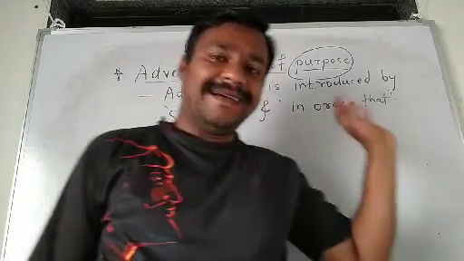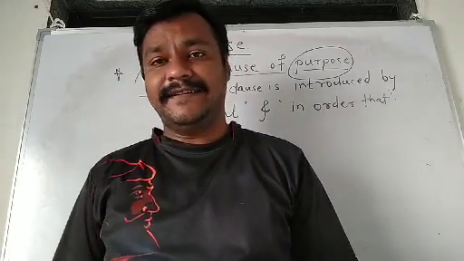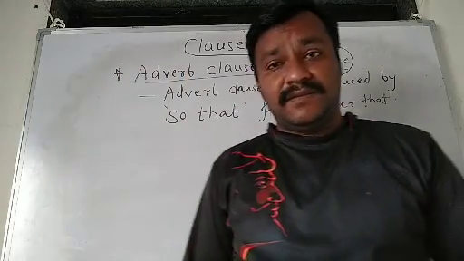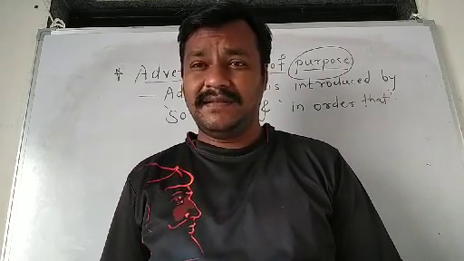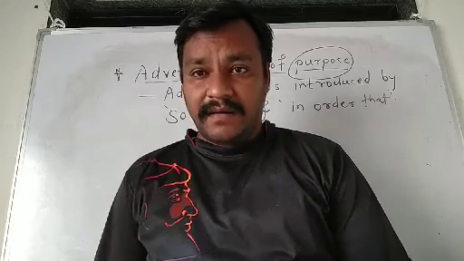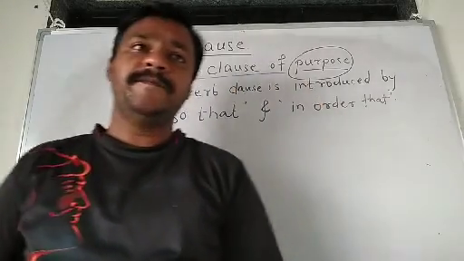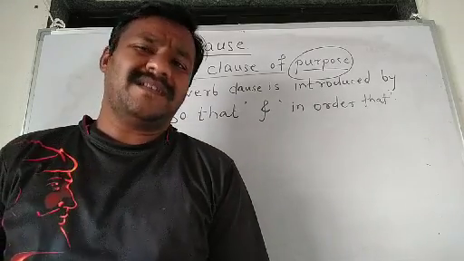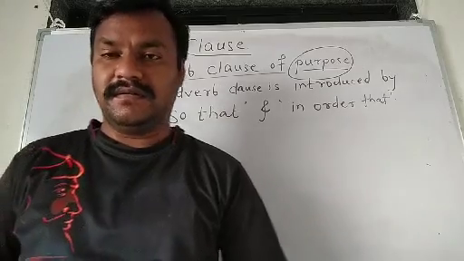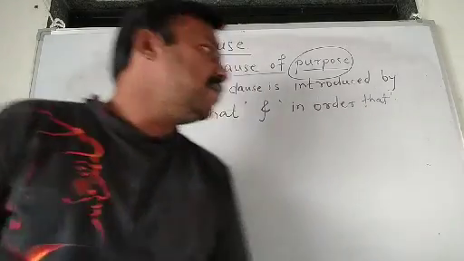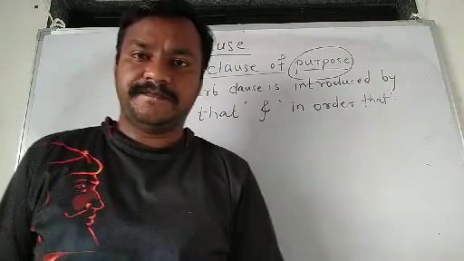It's very simple, as I have written on the board. In some cases "in such a manner" or "in case" is also used, but it is not common. You have to focus on "so that" and "in order that" only.